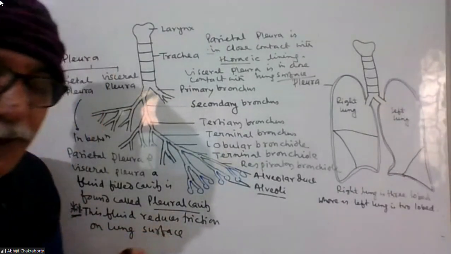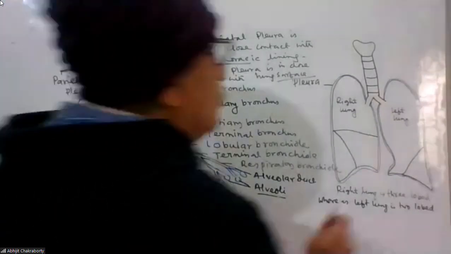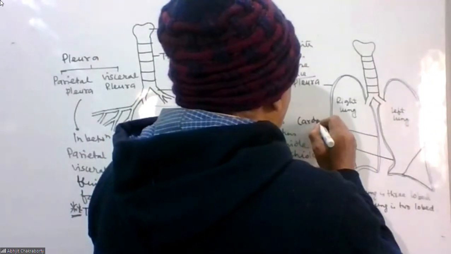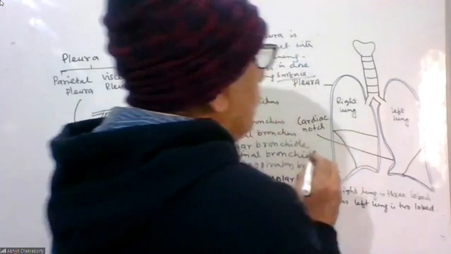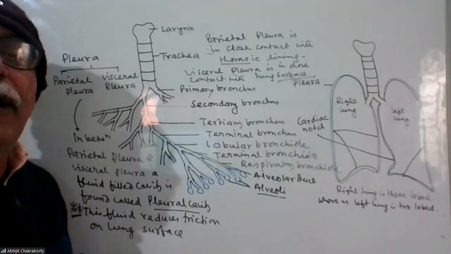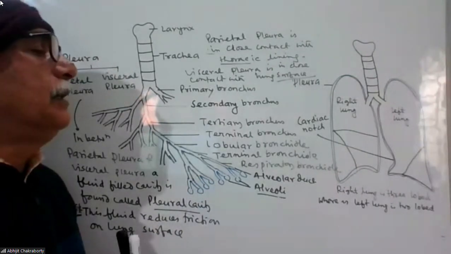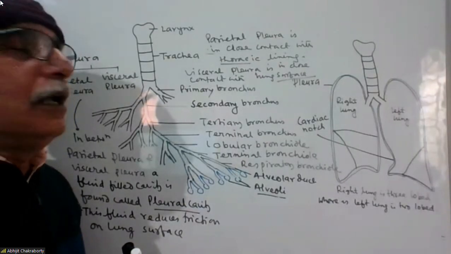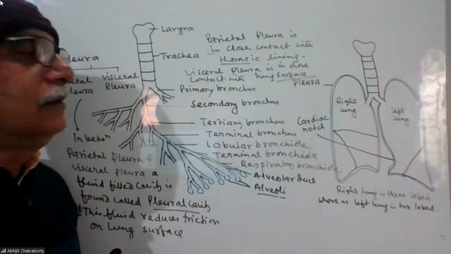Now, there is a point in the left lung called cardiac notch. A concavity is found in the left lung called cardiac notch, and the role of this concavity is to accommodate the heart.